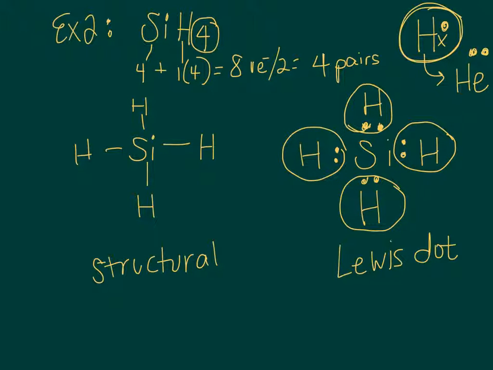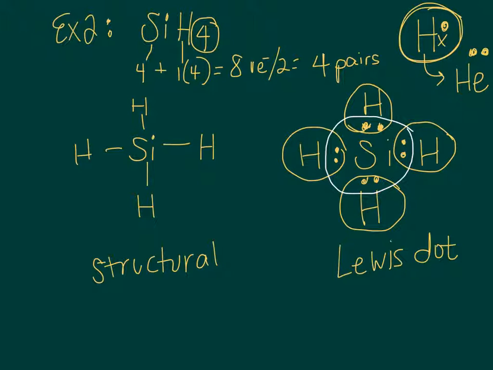So then I go to step 6 and I check for 8. We've already said that hydrogen is stable with 2, so he's violating the octet rule. So now we have to check silicon.